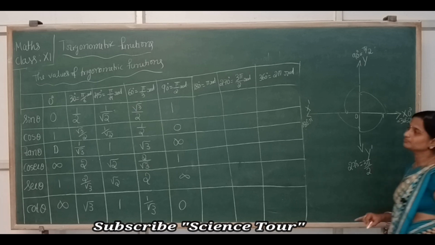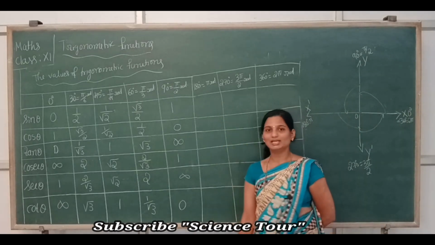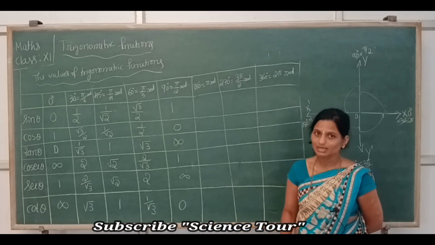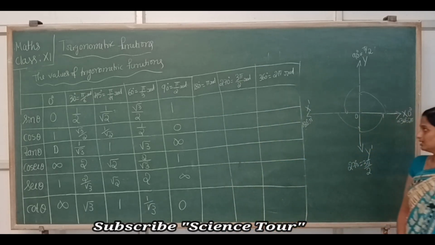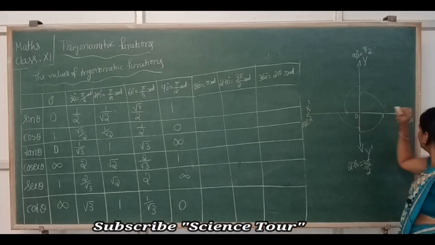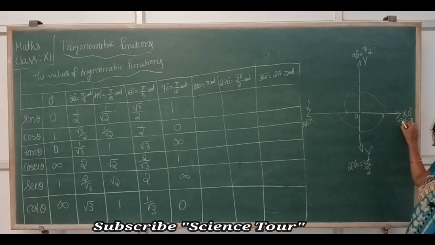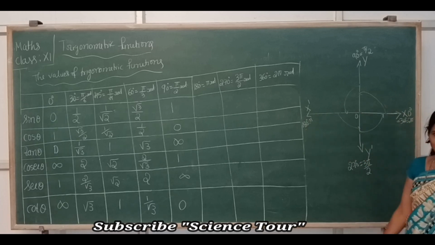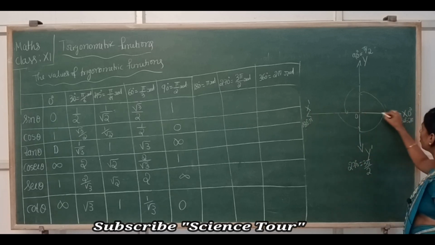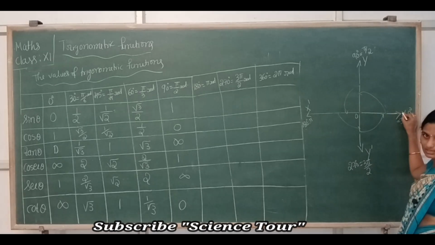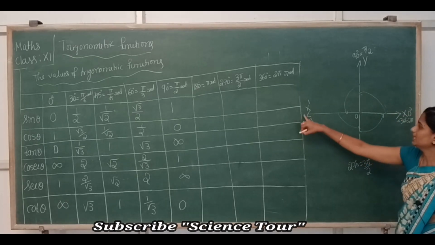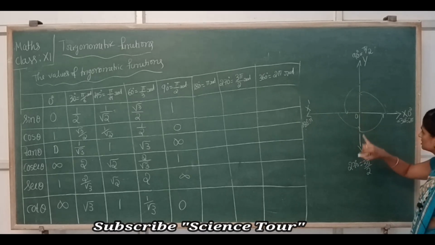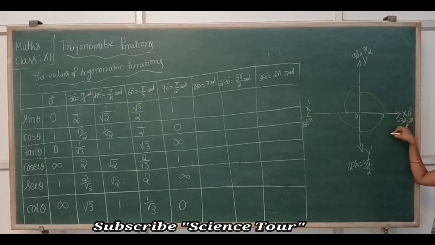I need sine 180 degree. See, 180 degree, 0 degree and 360 degree all come on the positive and negative x-axis. Correct? 180 degree is on the negative x-axis, and 0 degree and 360 degree, which is equal to 2 pi, are on the positive x-axis.